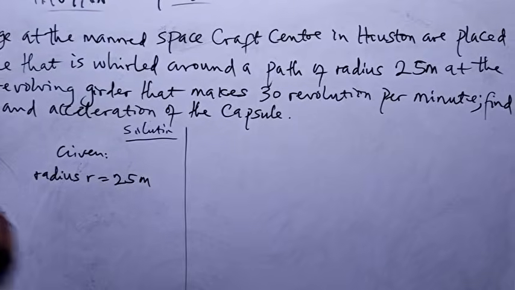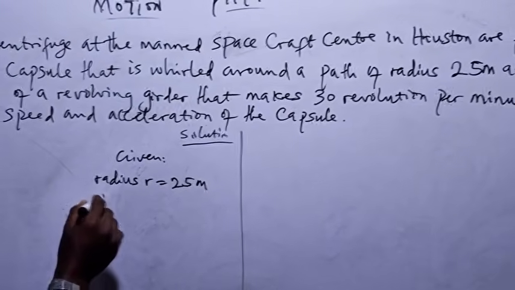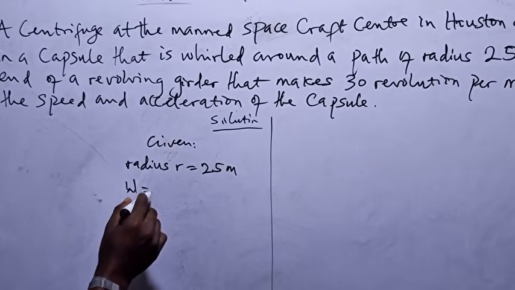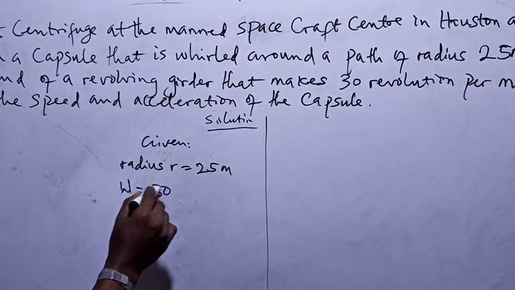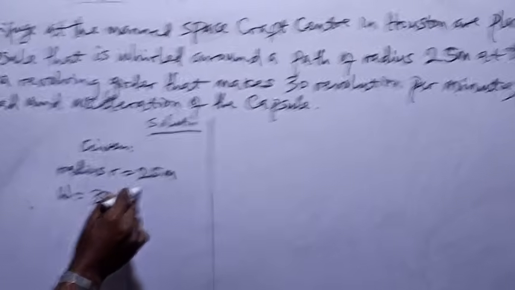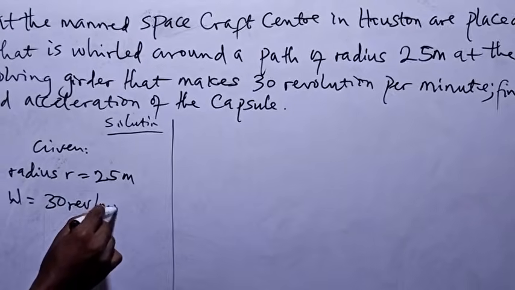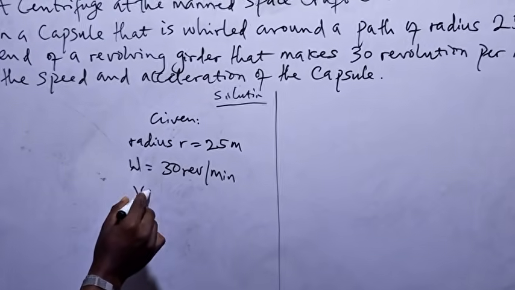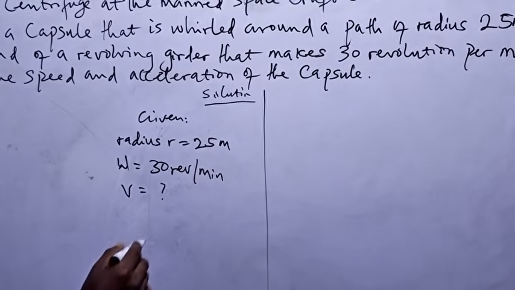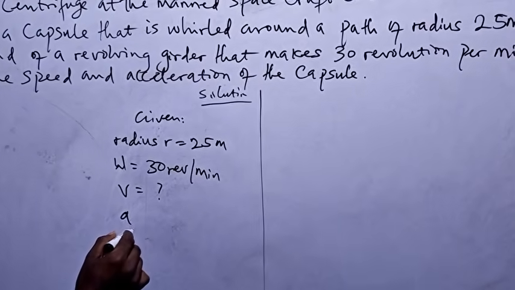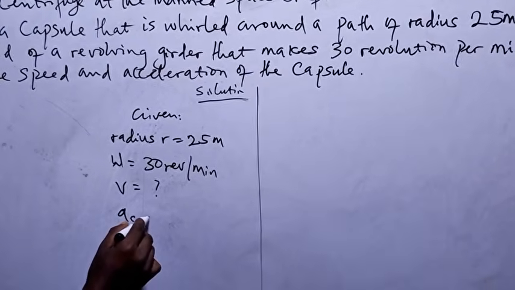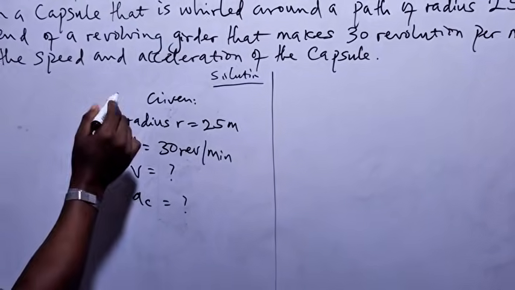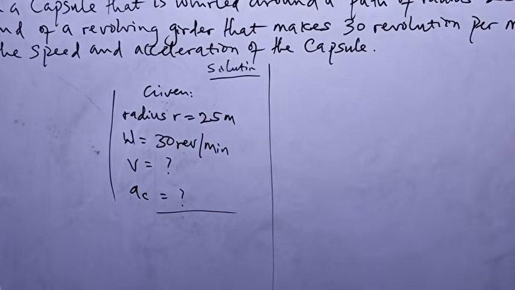We also have angular velocity w to be 30 revolutions per minute, and linear velocity is not given. Acceleration of the centrifuge is not given. Now, how do we solve this?